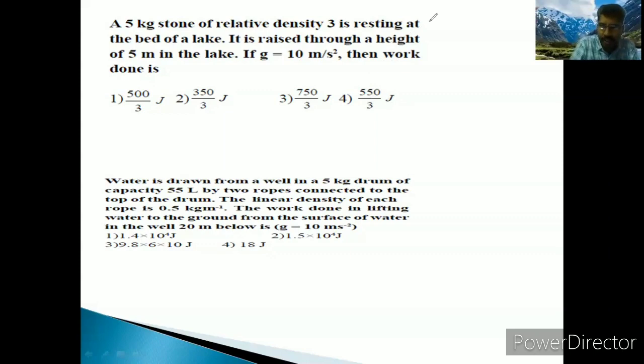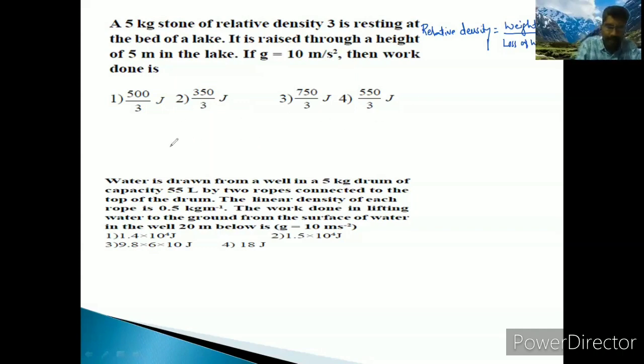So here you need to remember relative density. Relative density is equal to weight in air by loss of weight in water.